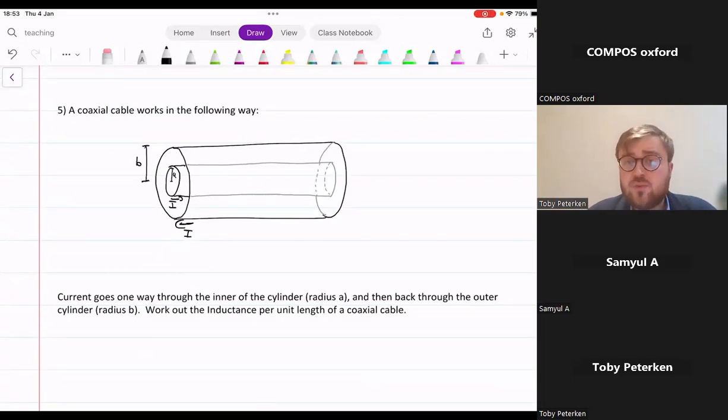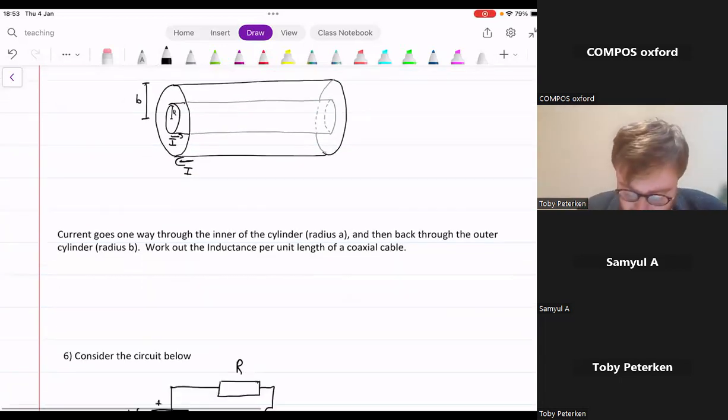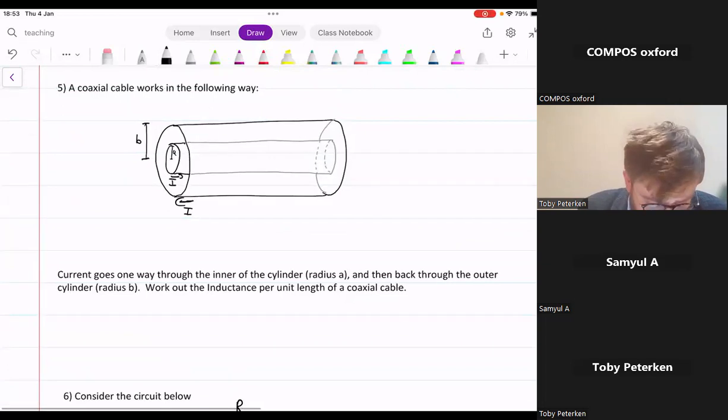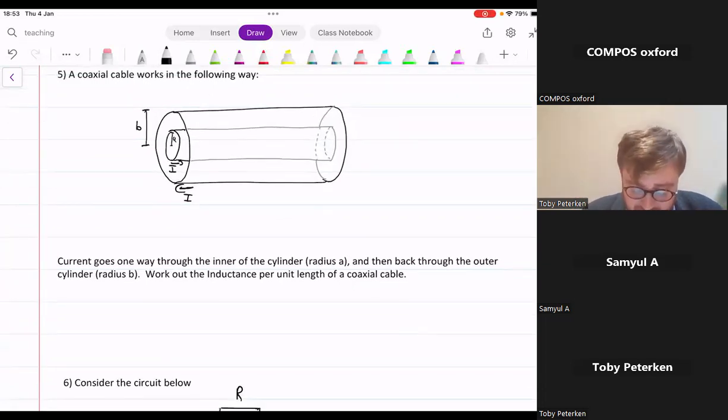So in the worksheets, you work out the inductance of a loop of wire, of a solenoid. Today we're going to look at a different type of cable. So the cable works by, there's an inner cylinder of radius A, and we're going to assume everything is just in the outer shell.